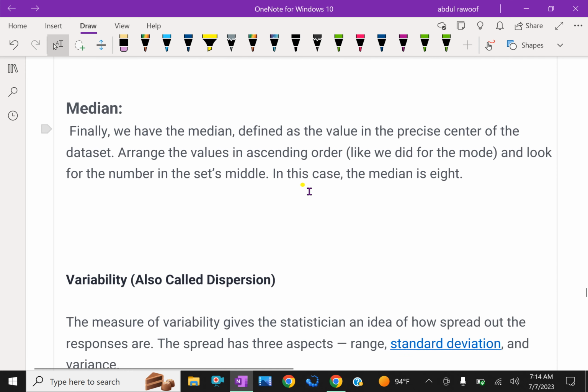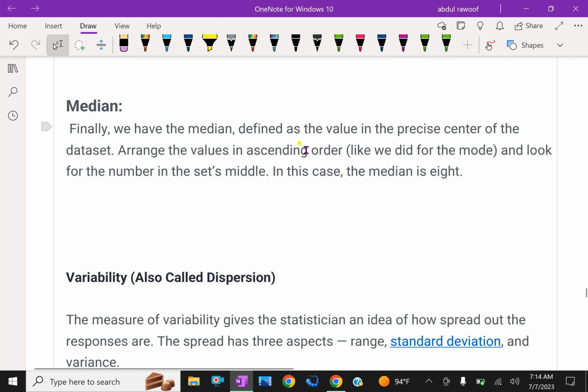Median. Finally, we have the median, defined as the value in the precise center of the data set. Arrange the values in ascending order and look for the number in the set's middle. In this case, the median is 8.